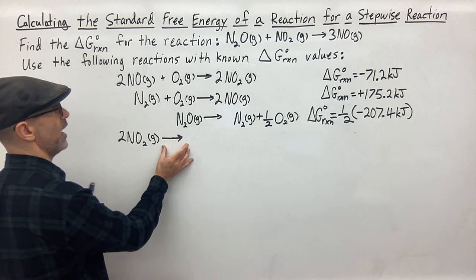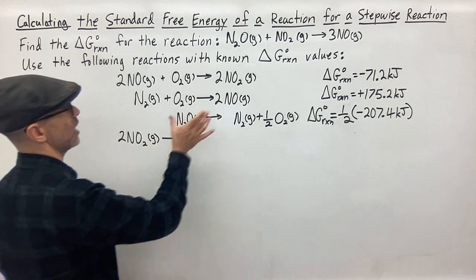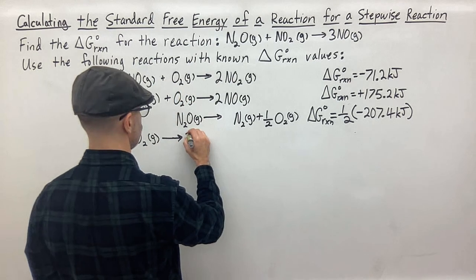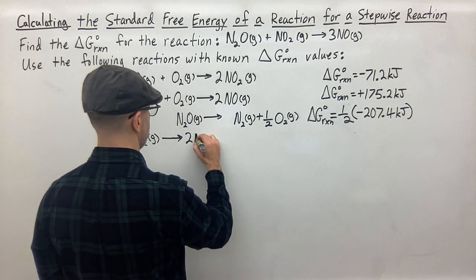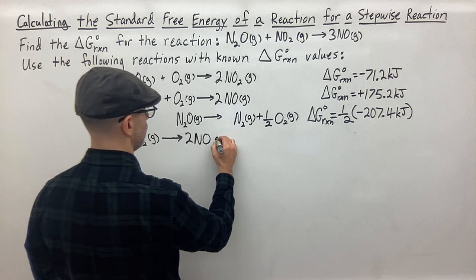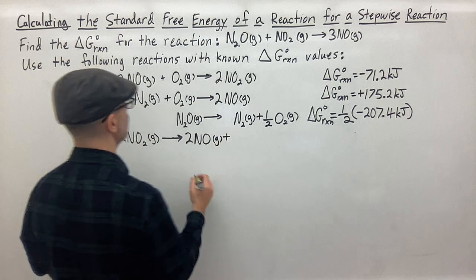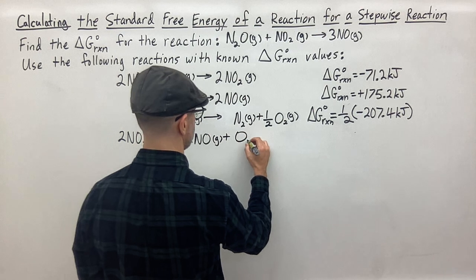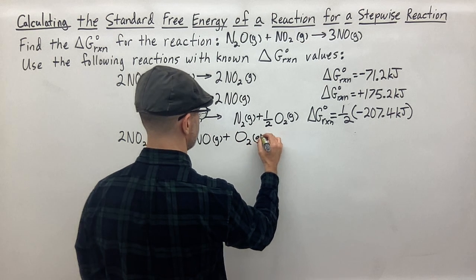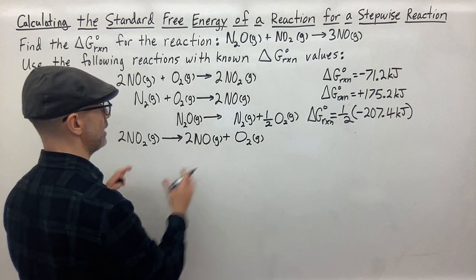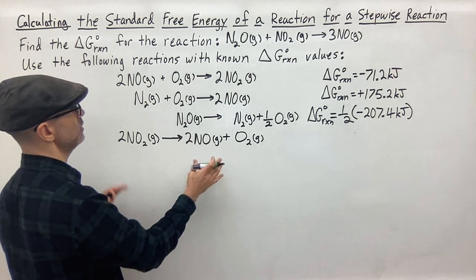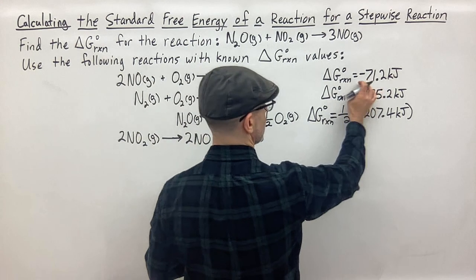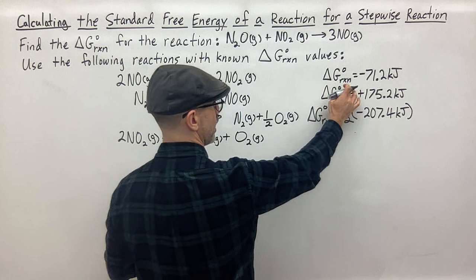All right, so I have this as my reactant now. I'm going to write these as my product. So I have 2NO gas plus oxygen, O2 gas. And since I flipped this equation, I need to now change the sign of my standard free energy change of the reaction.